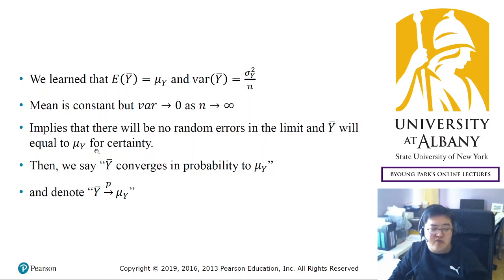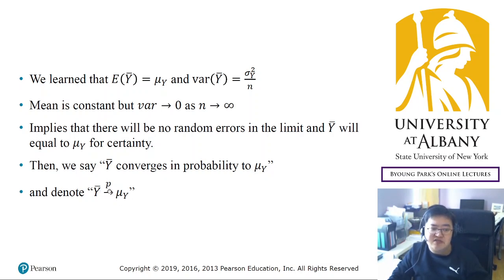Anyhow, we call this convergence in probability. So the sample mean converges in probability to the population mean. This is the law of large numbers. As n goes to infinity, as the sample size increases, your sample mean converges in probability to the population mean, and the notation goes like this.